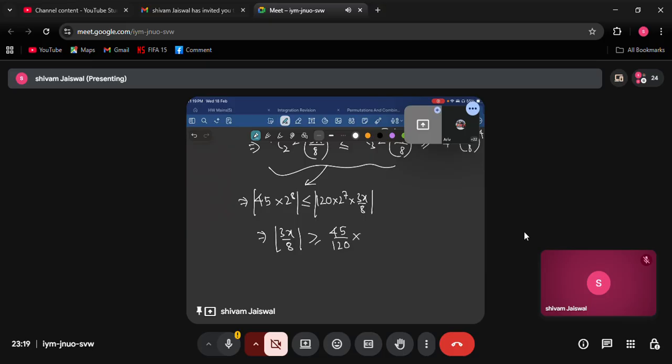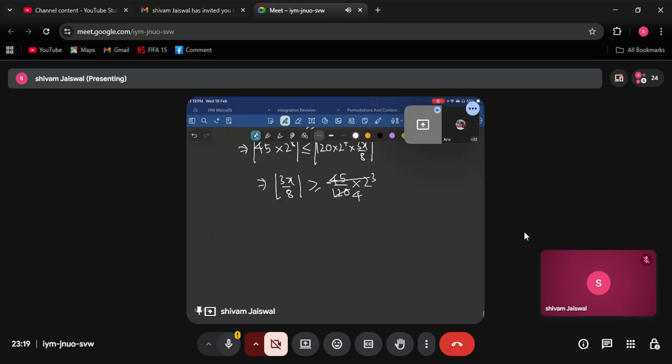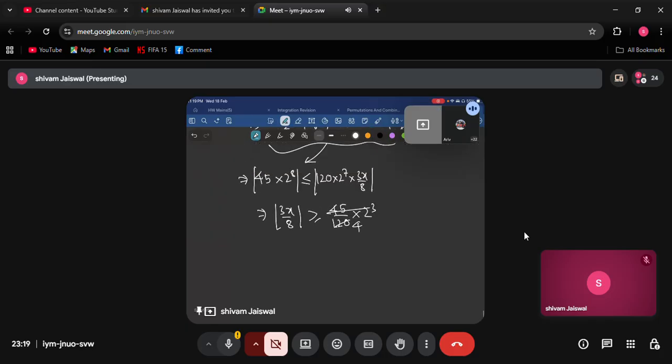45 by 120 into 2. Okay, let's do some cancellation. 30 times 3, 30 times 4. So from here, mod of x is greater than or equal to 3 by 4 into 8 by 3.